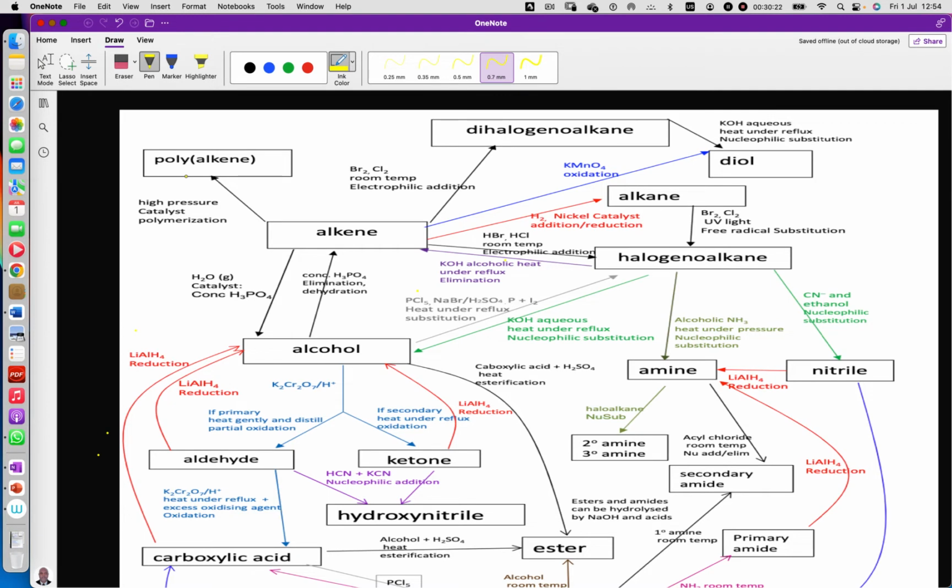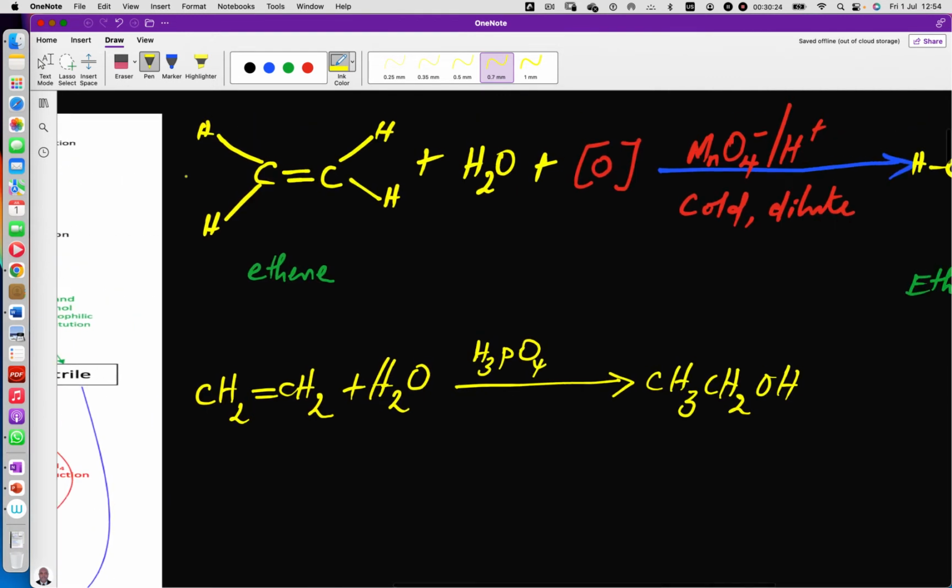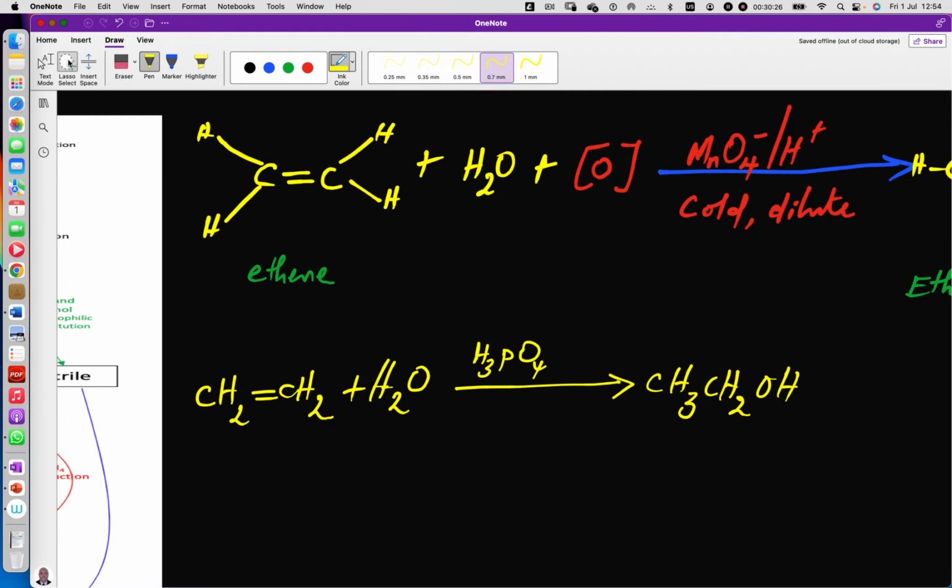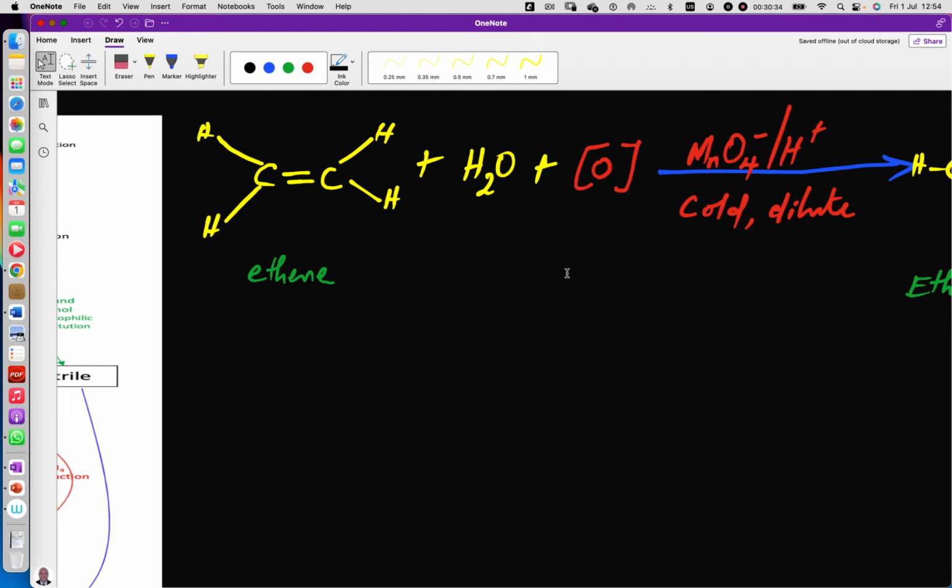For instance, let me use an example here, an alkene, ethene.